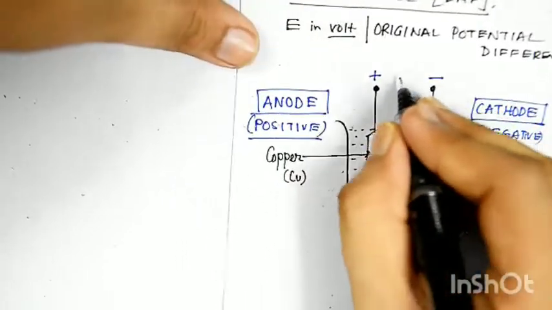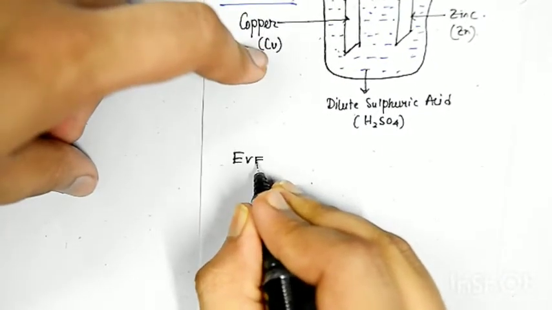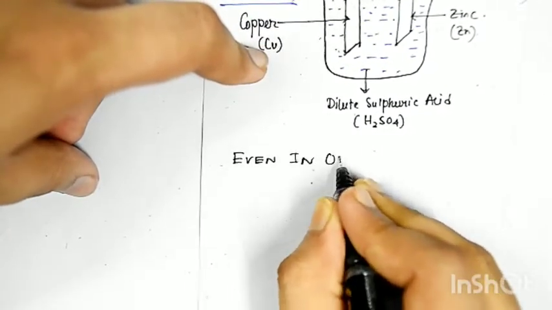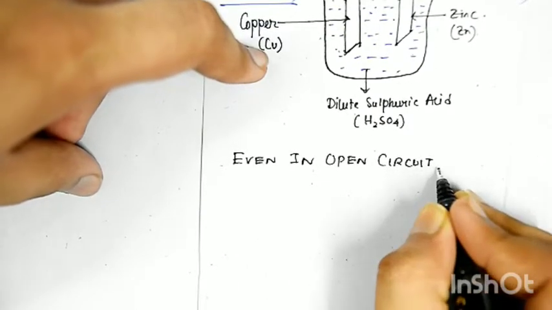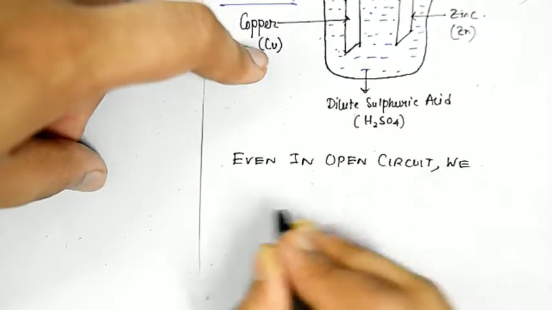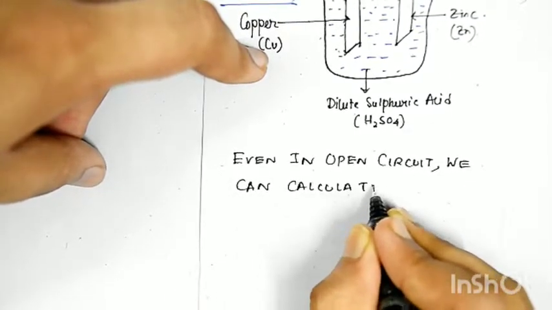You can see in this case we don't need a circuit. Even in an open circuit, we can calculate EMF.